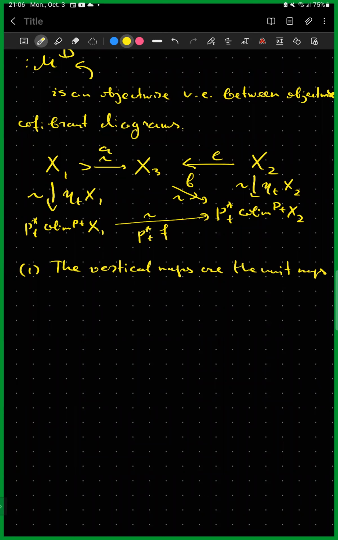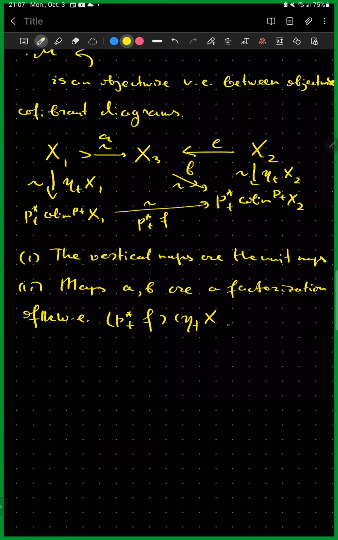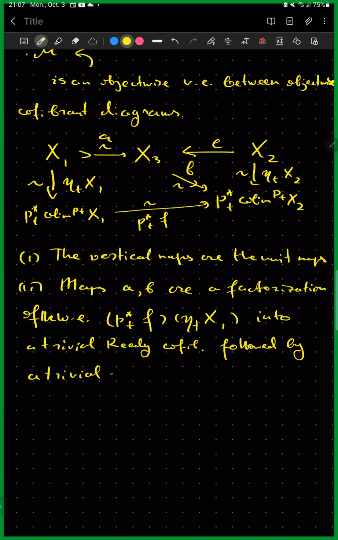So maps A and B are a factorization of the weak equivalence the upper star TF and the T X1 into a trivial radical fibration followed by a trivial radical fibration.